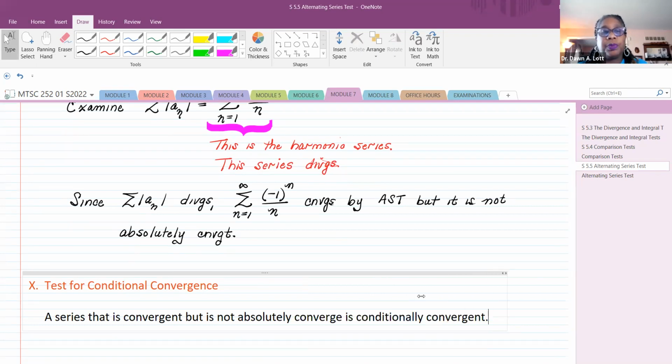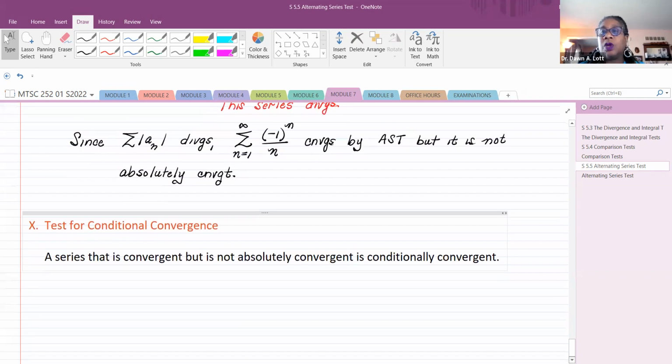And it's very simple. A series that converges but is not absolutely convergent is conditionally convergent. So that is exactly our last example.